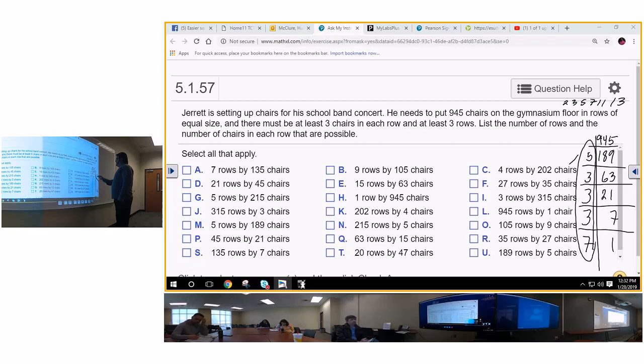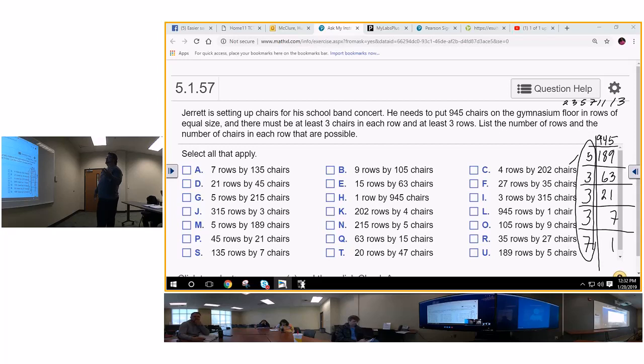And how many rows? At least 3 chairs in each row. So now you can do 3 times blah, blah, blah. You can use any factors except for 2. Do we have a 2 in here? No. So you can use all of these numbers.